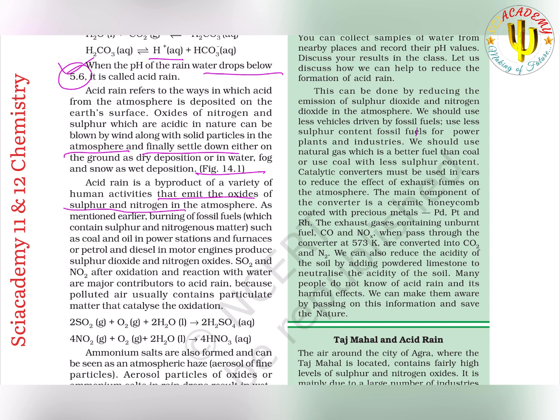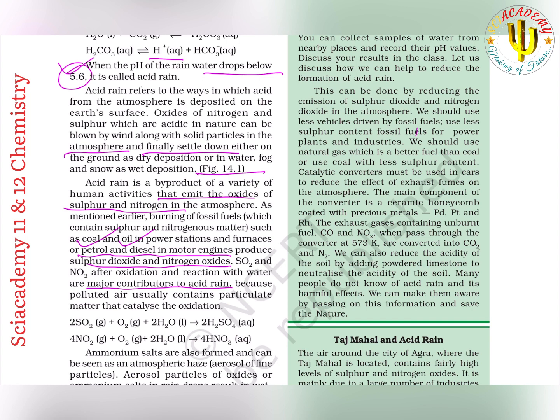As mentioned earlier, burning of fossil fuels, which contain sulfur and nitrogenous matter, such as coal and oil in power stations and furnaces, or petrol and diesel in motor engines, produce sulfur dioxide and nitrogen oxides. SO2 and NO2, after oxidation and reaction with water, are major contributors to acid rain.